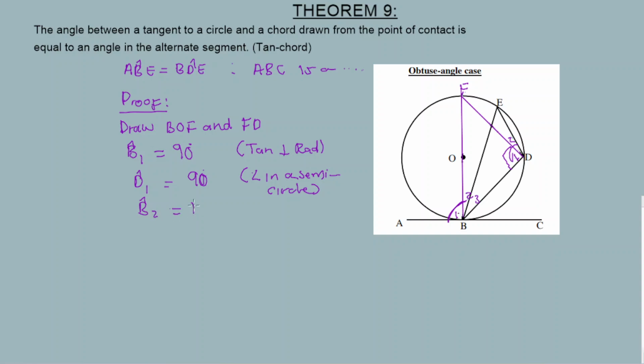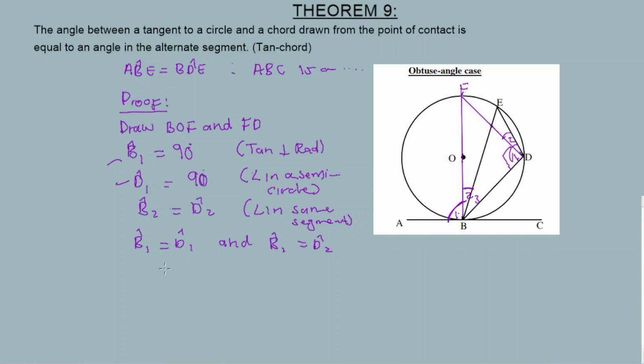B2 equal to D2. B2 is equal to D2, angles in the same segment. Now we see that B1 is equal to D1 because both are equal to 90 degrees, and B2 is equal to D2, right?